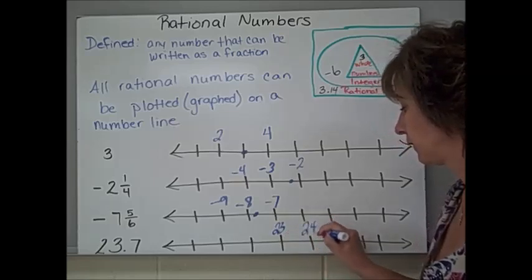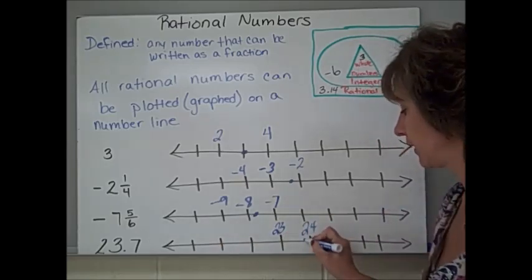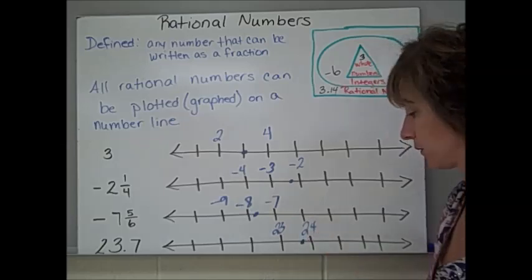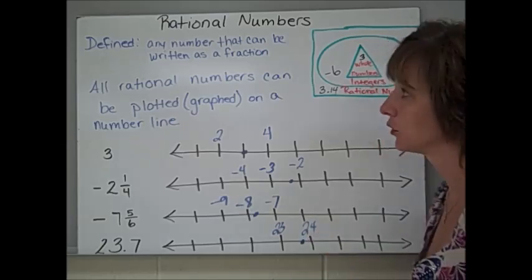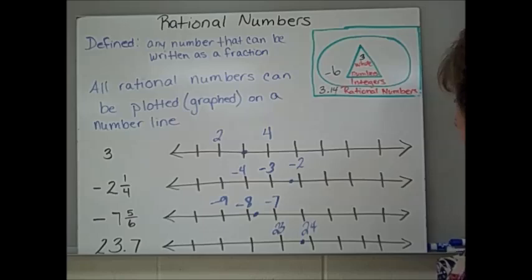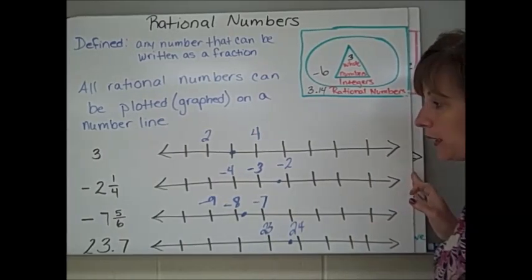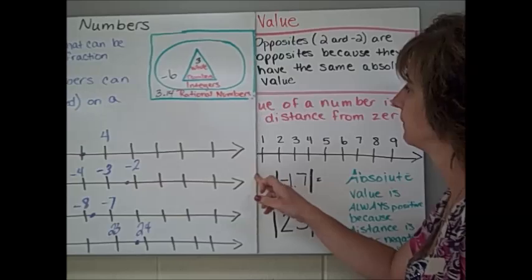And 0.7 is more than halfway past 23. So it would be closer to 24. So to graph a rational number, pick 2 numbers you know it comes between and plot it on your number line.